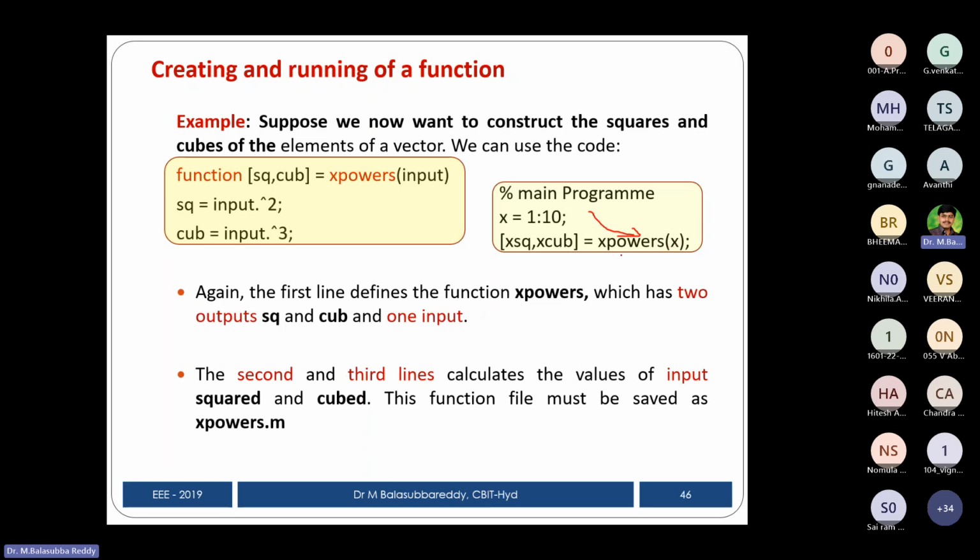So x powers 1, it will go to this x powers, and here it will be 1, and then 1 square, 1 cube. What is that? The cube value is 1, that returns again here. Like that, you keep on doing this. x is 2, and this will go here as input 2, and it will return square and then cube.